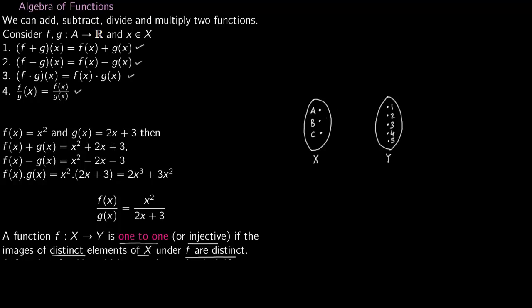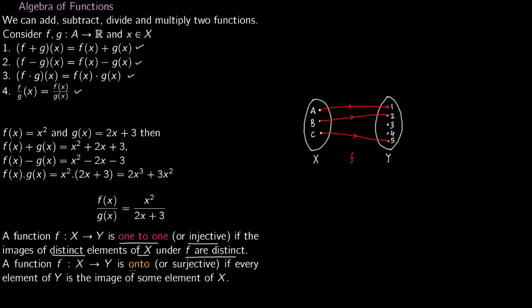So for an injective function, say if f is injective, it will take one element here and map it to exactly one element here. So say it takes a and maps it to 1, it takes c and maps it to 5, it takes b and say maps it to 2. So this is an injective function.